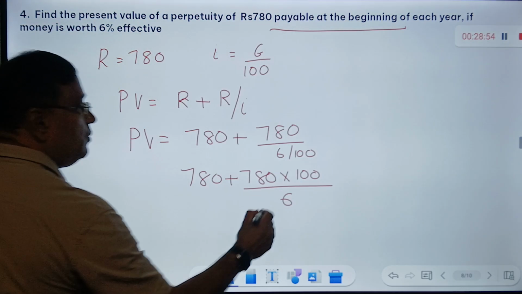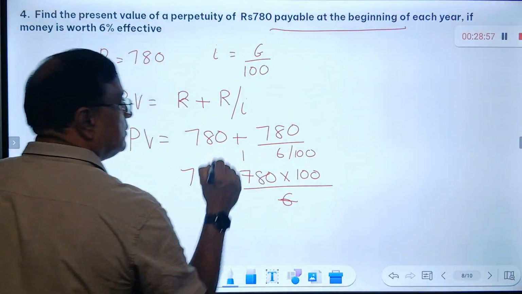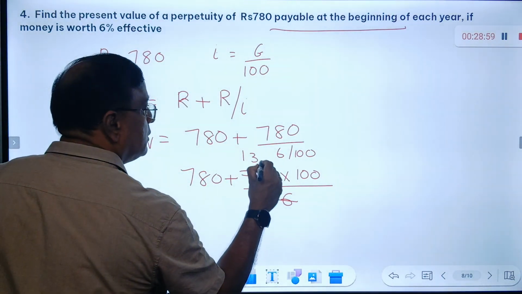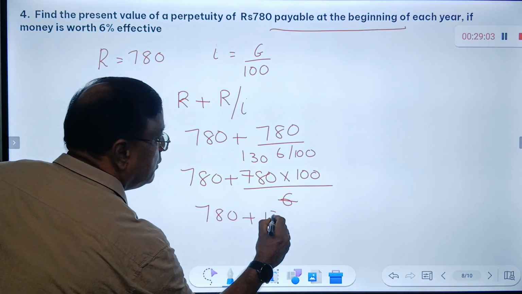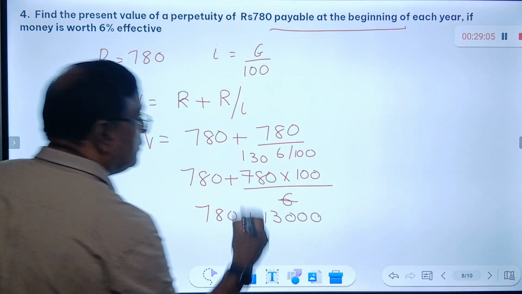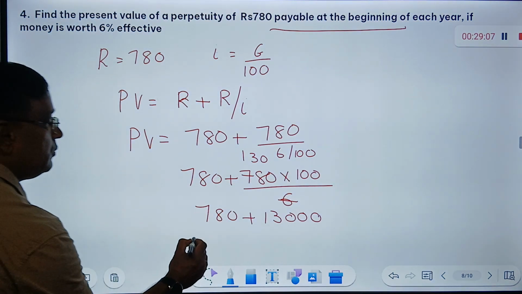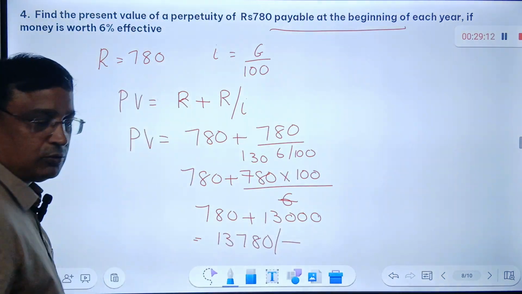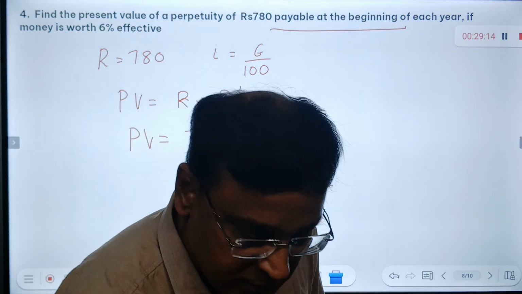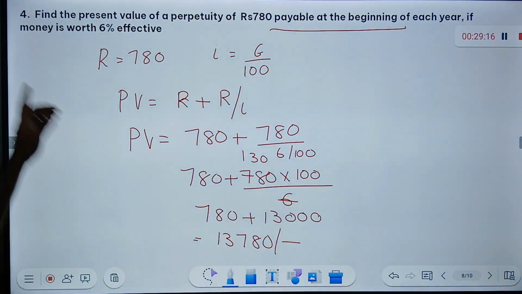So how many times will 6 go? 6 ones are 6, 130 times. So 780 plus 13 followed by 3 zeros. Now you add them. You get 13,780. This is the amount. Okay. This is question number 4.